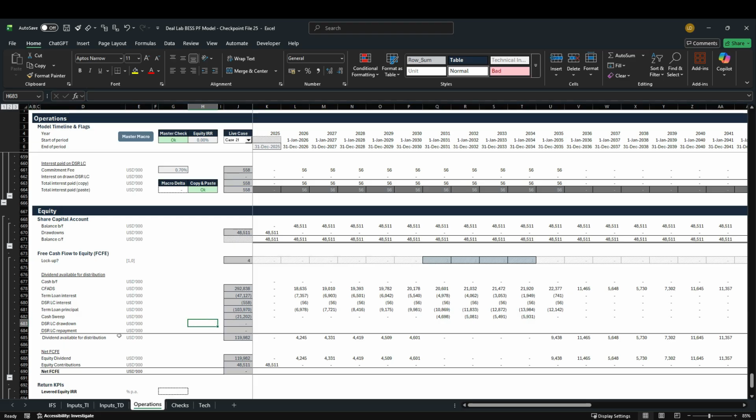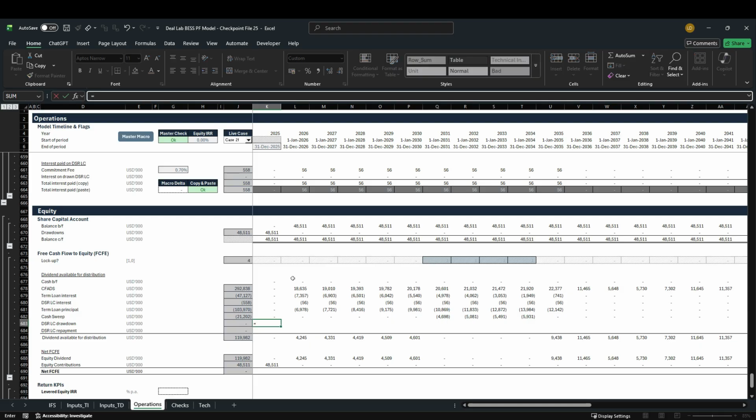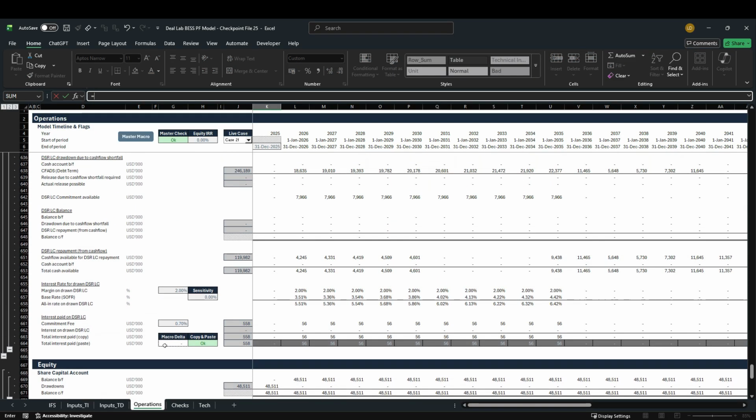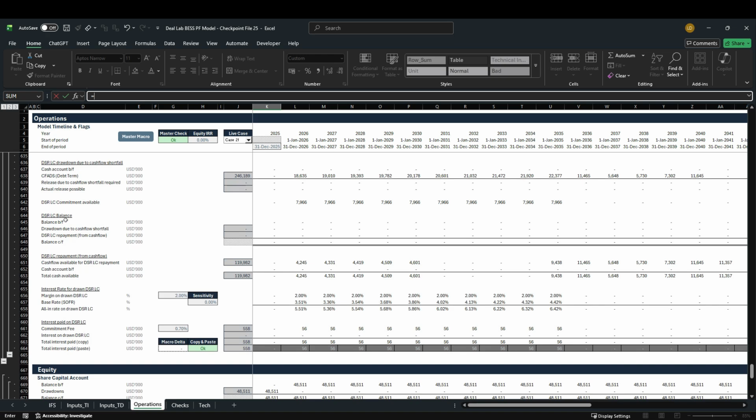Then let's move on to our DSR LC drawdown and repayment, which are our last two adjustments. So we can just scroll up to the section we modeled in the previous lesson. And that comes from our DSR LC balance, where we have a drawdown due to cash shortfall and a repayment in 647.